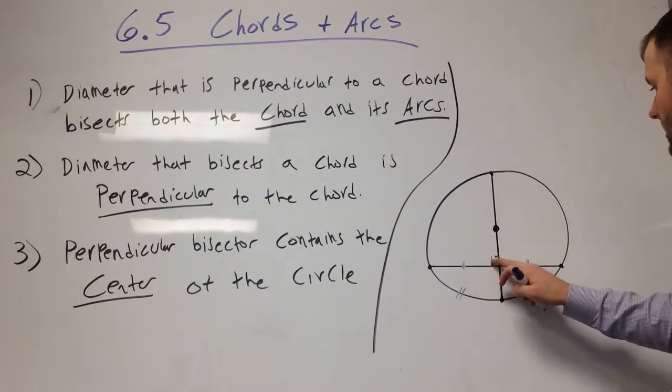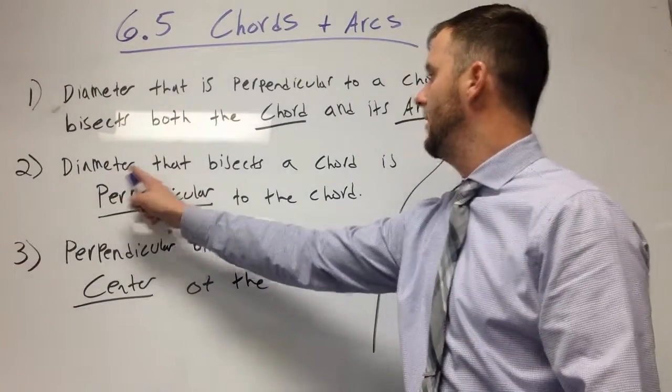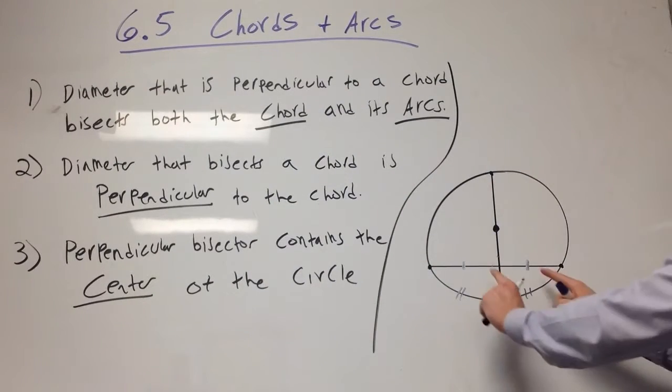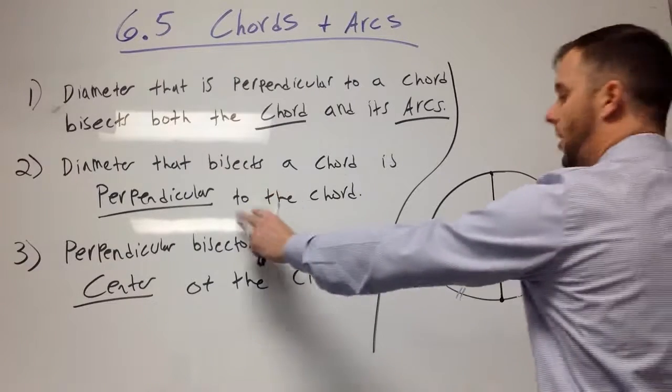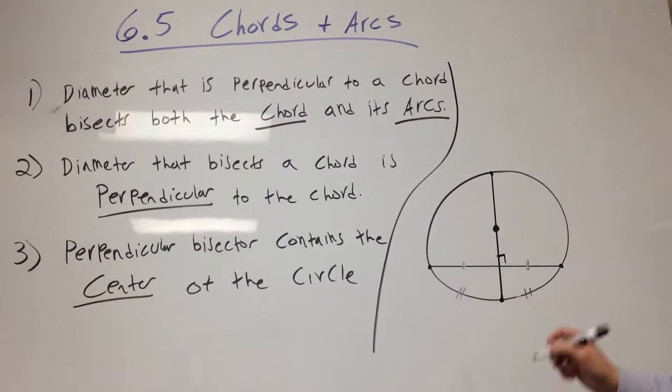So basically, on number 2, it tells me if a diameter bisects a chord, then backwards, it would be perpendicular to the chord, meaning it would be a 90-degree angle. So it works backwards and forwards, okay?